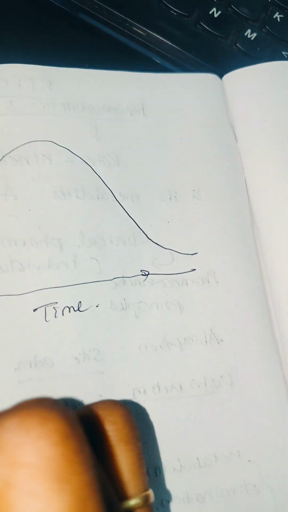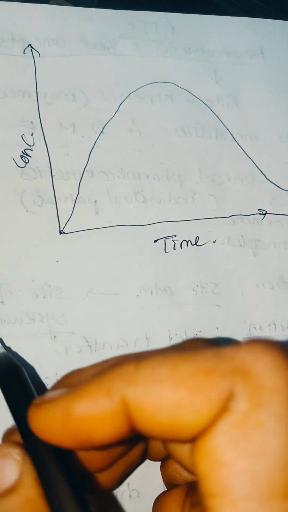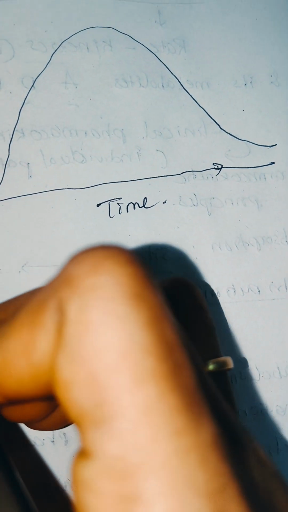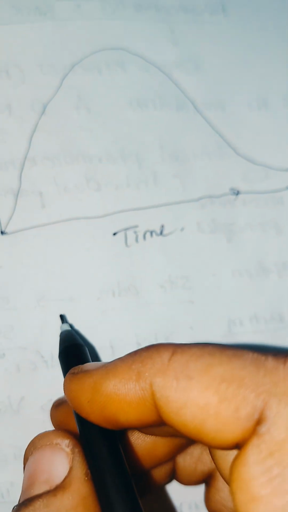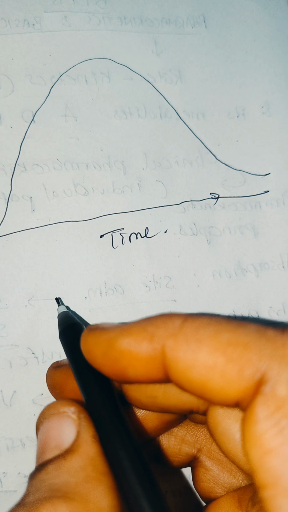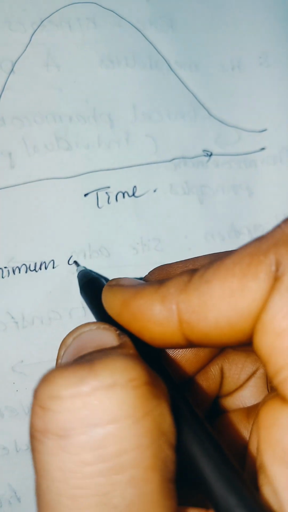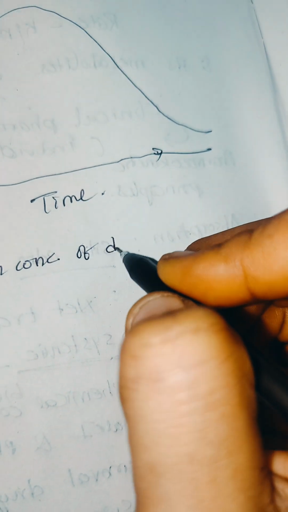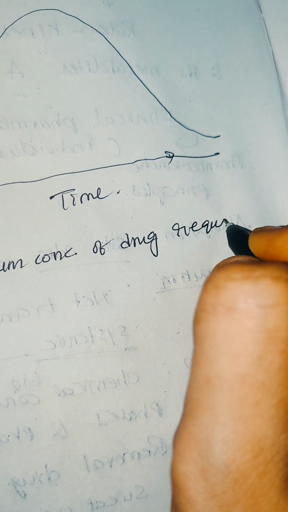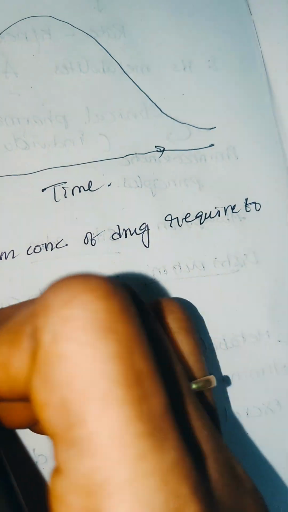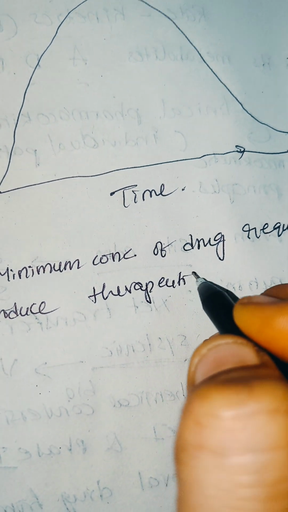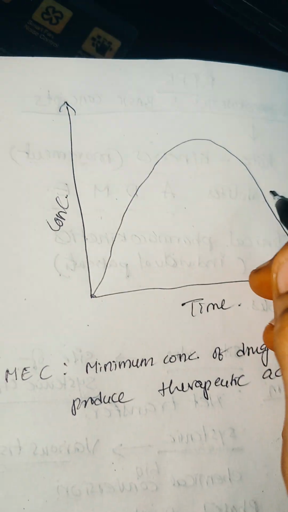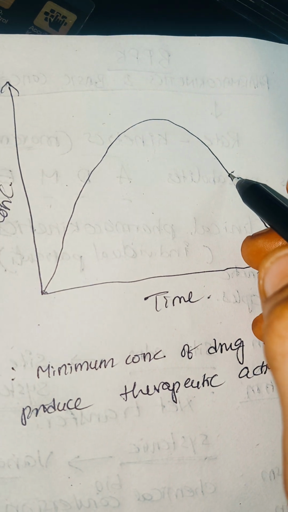Then we can explain it by simple terminologies. Minimum effective concentration is the minimum concentration of drug required to produce therapeutic action.